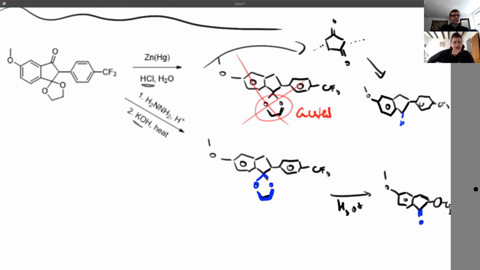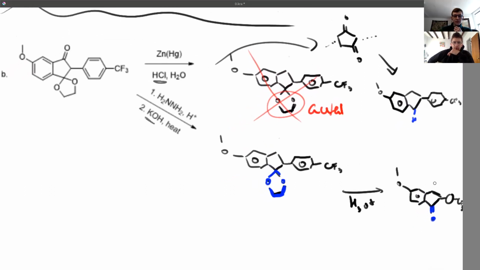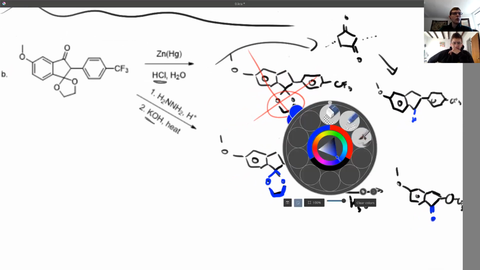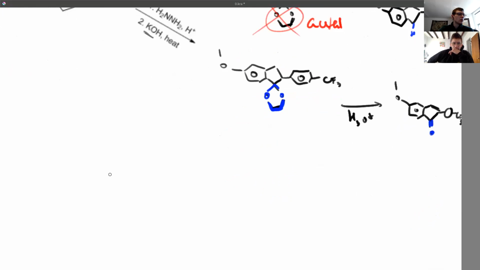So are acetals just, I'm still a little fuzzy on what the definition of an acetal is. Yeah, whenever you have a carbon with 2 oxygens, like 2 ethers, this is an acetal.